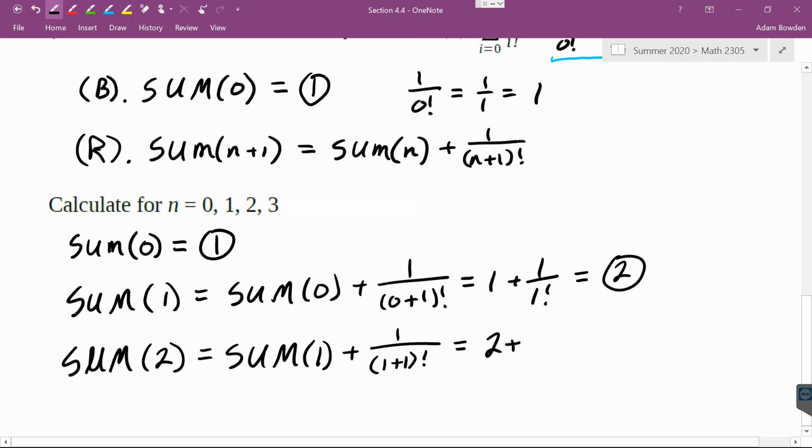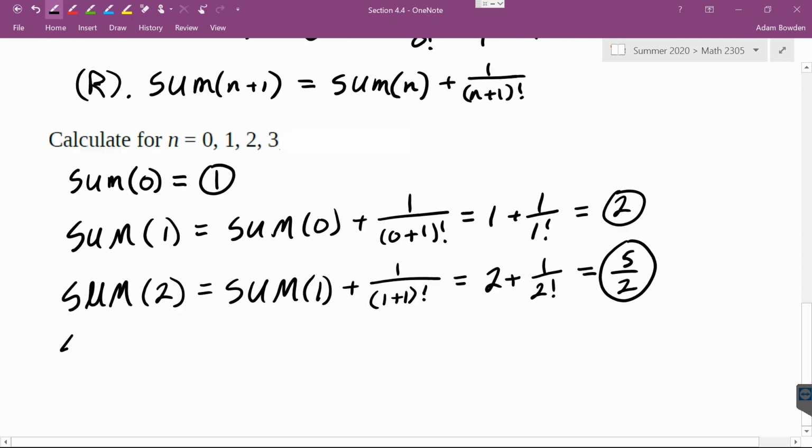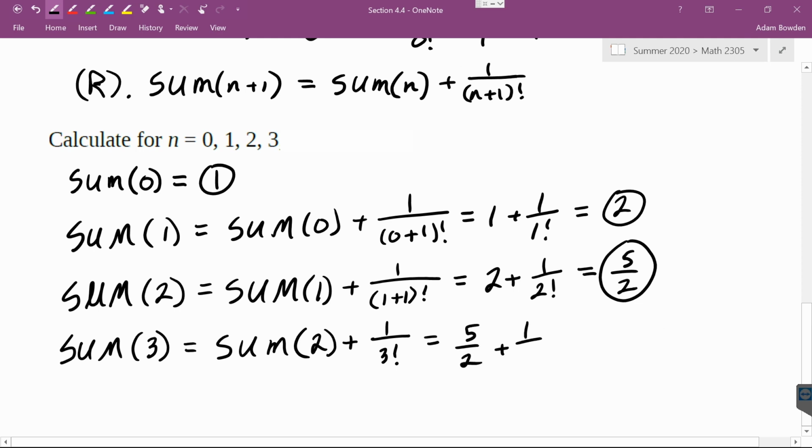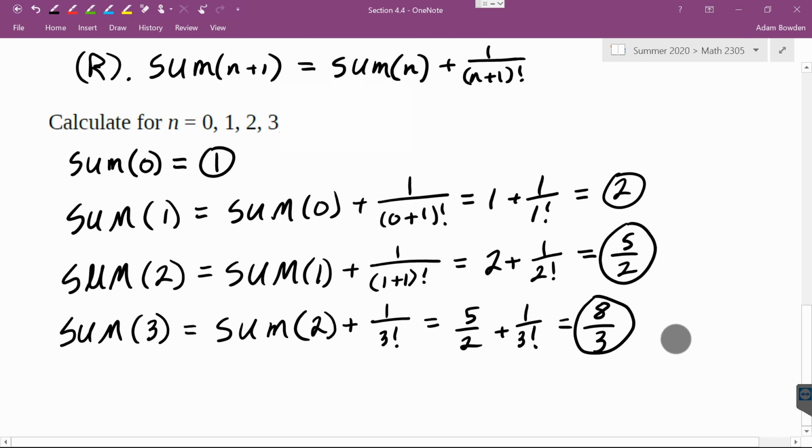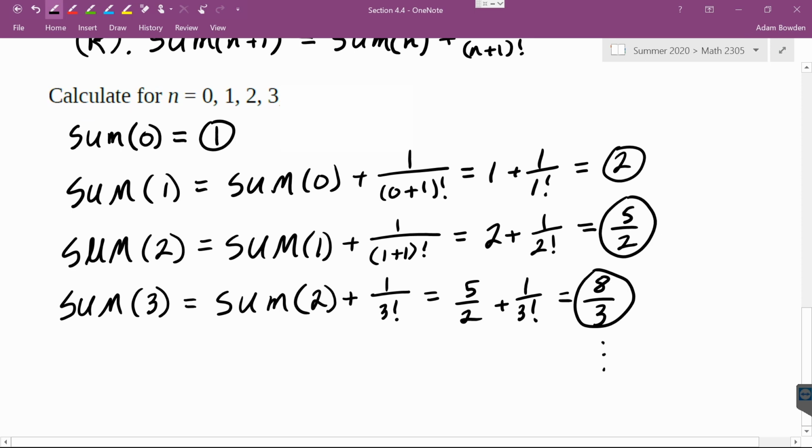That would equal 2 plus 1 over 2 factorial. That would equal 5 over 2. And then the sum of 3 would be the sum of 2 plus 1 over 3 factorial, which equals 5 over 2 plus 1 over 3 factorial. That would equal 8 over 3. And then it just kind of continues on from here.